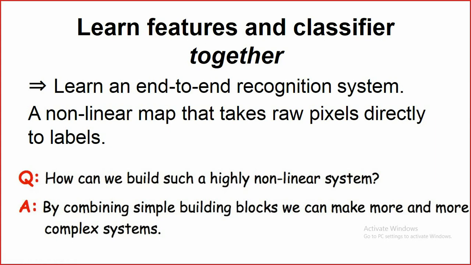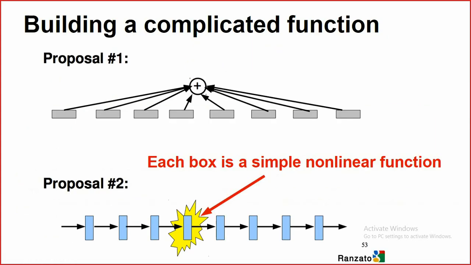By combining simple building blocks, we can create more and more complex systems. These are two proposals. In the first one, we build a complicated function by using some simple functions. This is exactly the way that genetic programming works.